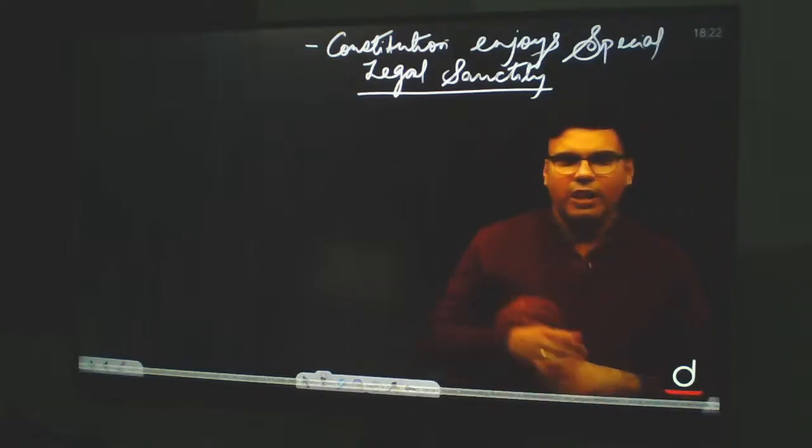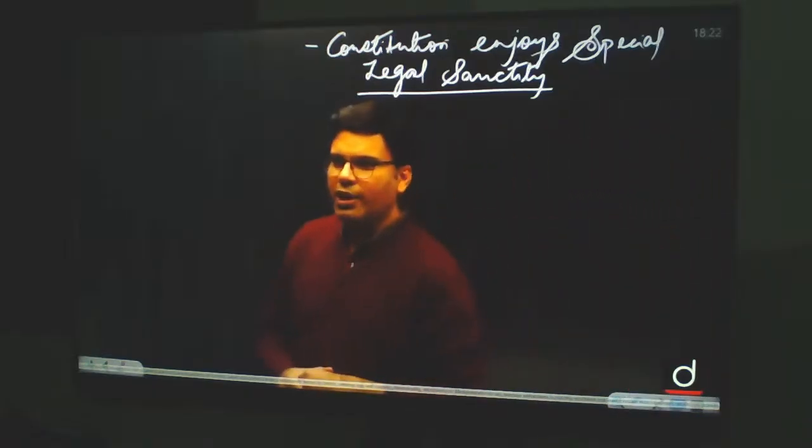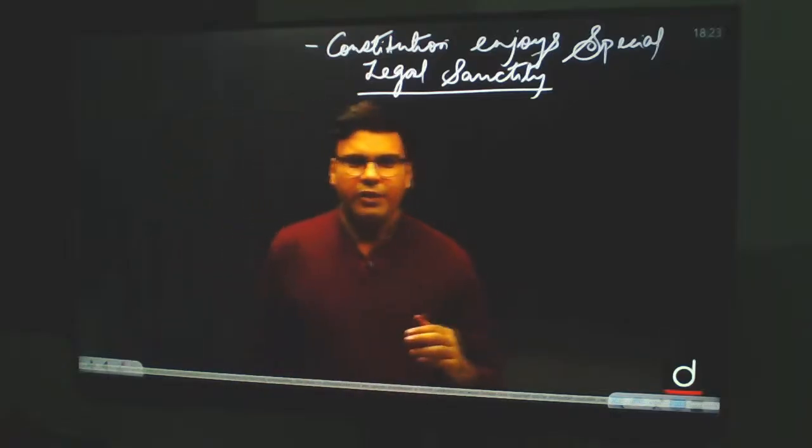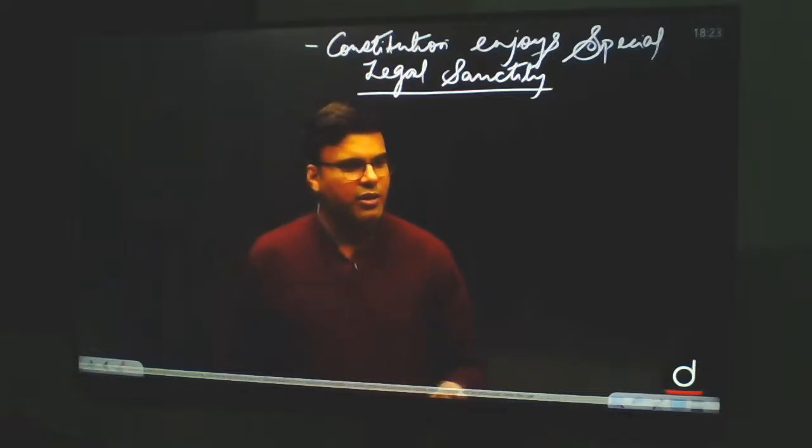People of India, है ना. वाई? क्योंकि अगर आप संविधान की प्रियम्बल को पढ़ेंगे तो वहां क्या लिखा हुआ है? On this day, 26th of November 1949, we give to ourselves this constitution.